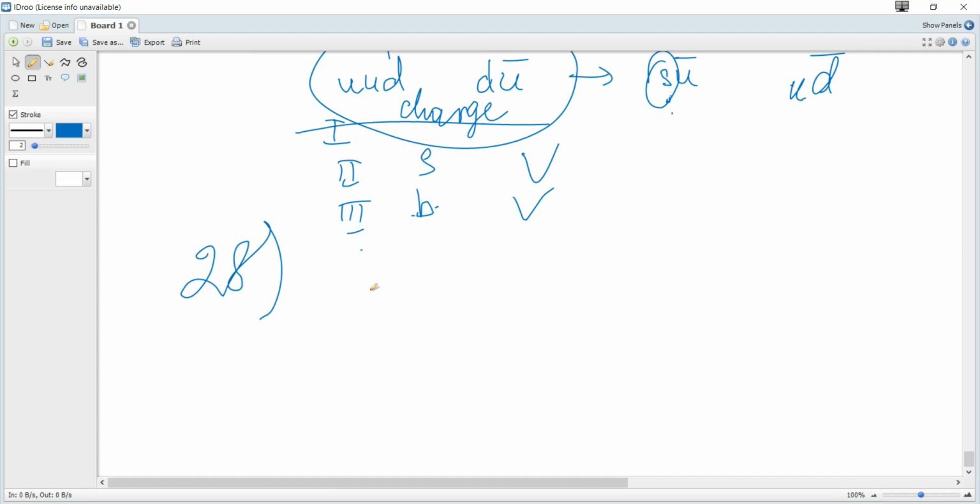Deforestation, yes, it increases global warming, definitely. Volcanic activity, yes, because it will increase the CO2 level. Solubility of carbon dioxide in the ocean, no, it decreases the CO2 level in air, so it will decrease the rate of global warming, not increase. So 1 and 3. So it's B.